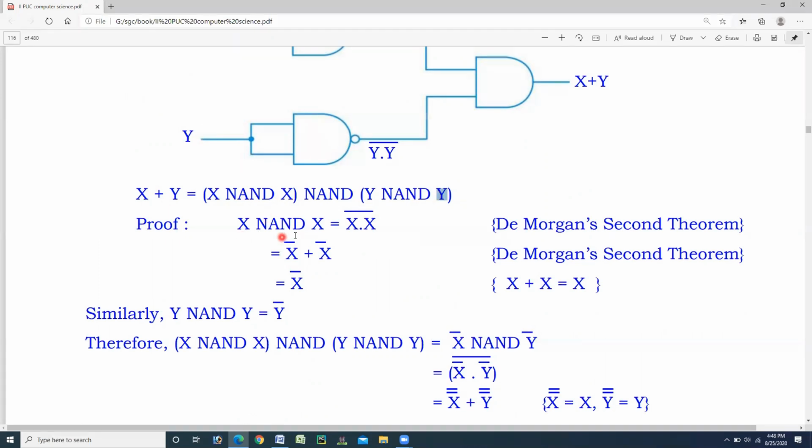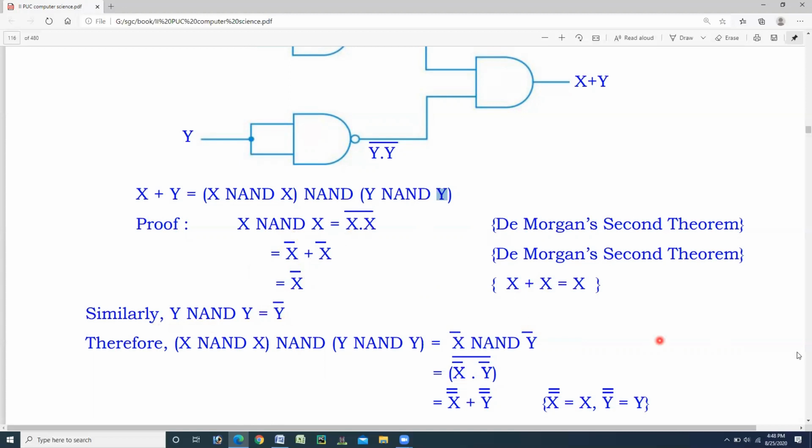Then X NAND X means (X dot X) whole complement. If you use De Morgan's second theorem, that becomes X complement plus X complement. By the theorem X plus X equal to X, X complement plus X complement is nothing but X complement. In the same way, for the second one, Y NAND Y becomes Y complement.